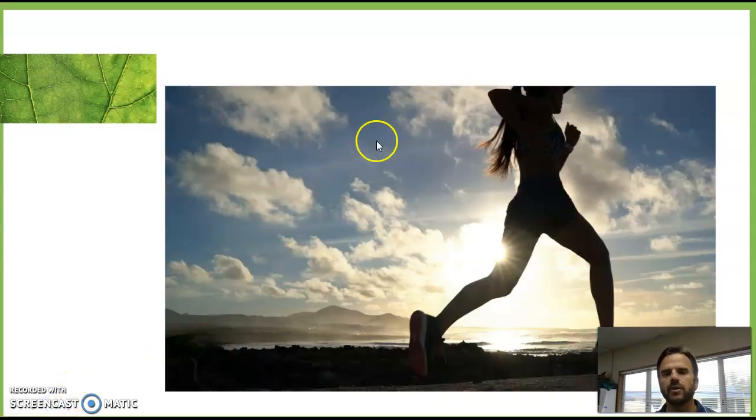So we'll talk just a bit about some of those ways that cells make a difference and some of those things that you might be interested in that biology is going to help you understand better and potentially help you improve in. Now, one of those things is athletics and fitness and health.